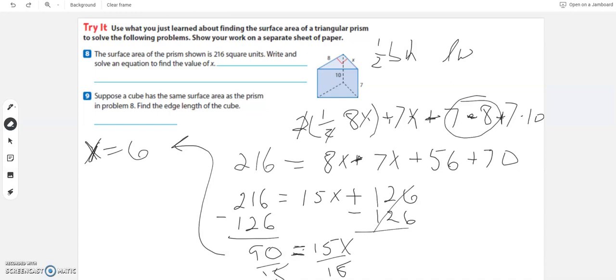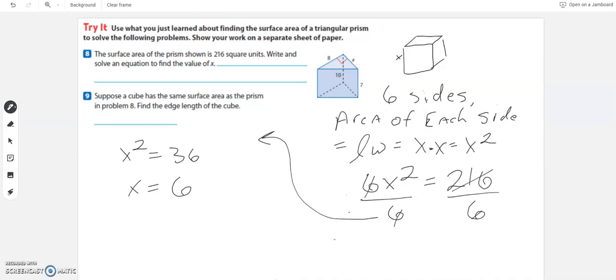Okay, so this last problem: suppose a cube has the same surface area as the prism in problem 8. Solve for the edge length of the cube. I'm going to work this out and just explain it to you rather than go over it, because I'm running a little bit low on time. Okay, so I've written this all out.